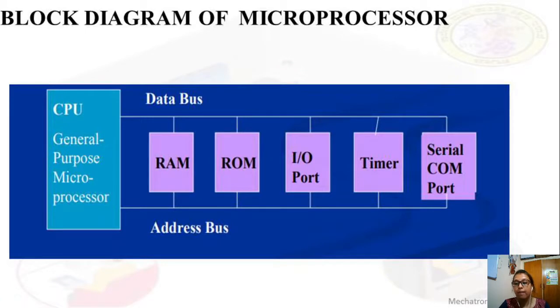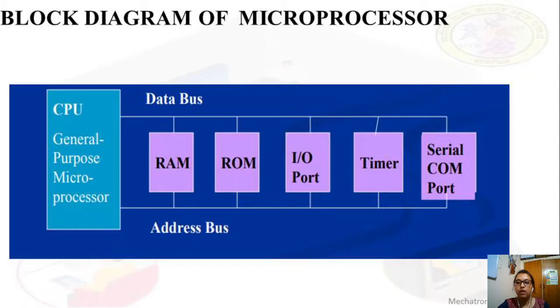A bus is nothing but a group of lines that carries data, address or control signals. If it carries data, it is called a data bus. If it carries an address, it is called an address bus.